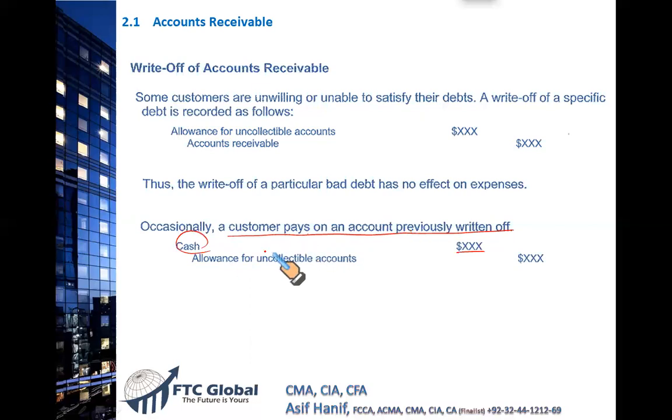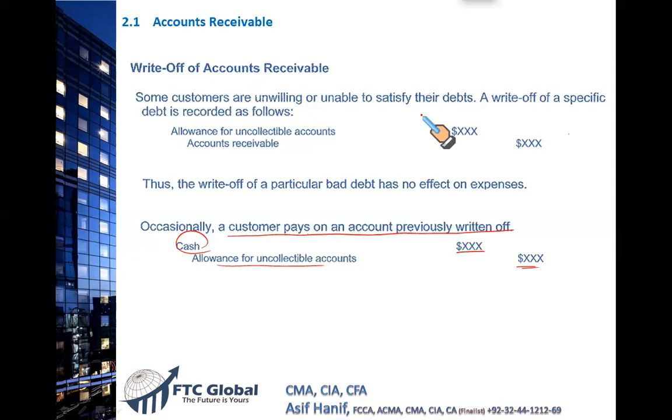You simply transfer this to allowance for uncollectible accounts. So it will again have no impact upon the income statement, no impact upon the balance sheet. These two entries will have no impact on your income statement, no impact upon your balance sheet net current assets. How come? How come?